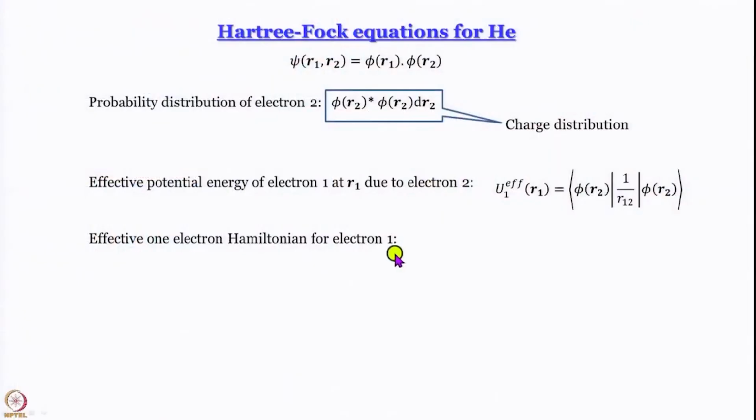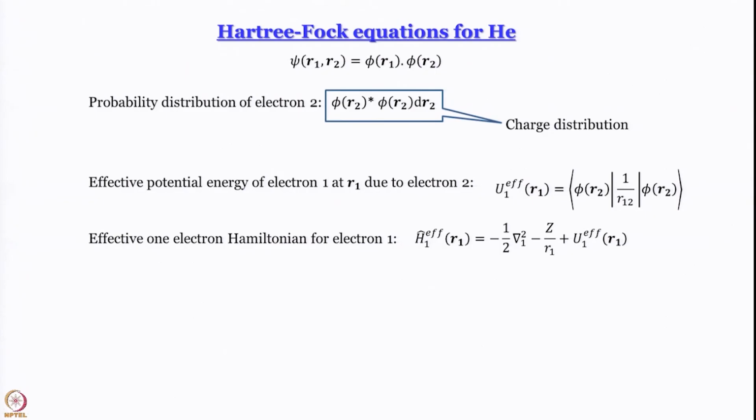What is the additional term I would get in this effective 1 electron Hamiltonian for electron number 1 for helium? This U1 effective also has to be included, right. So, the effective Hamiltonian for electron number 1 would be minus half del 1 square minus Z by r1, for the attraction of the electron with the nucleus, plus U1 effective at r1. This is our effective 1 electron Hamiltonian, remember, 1 electron.